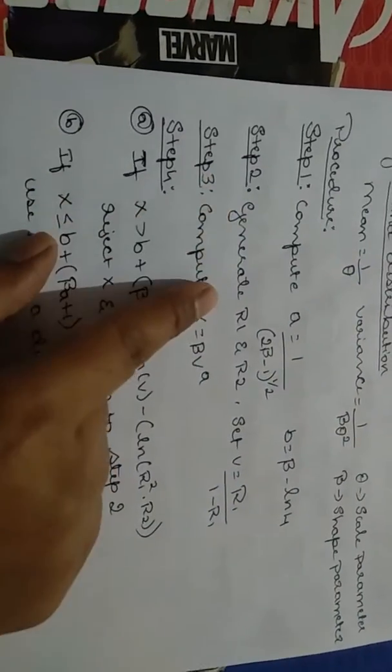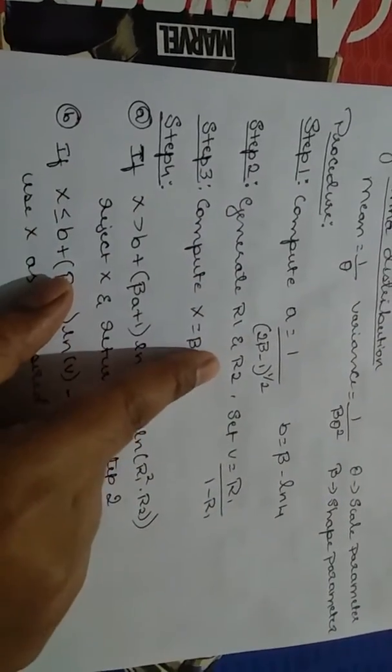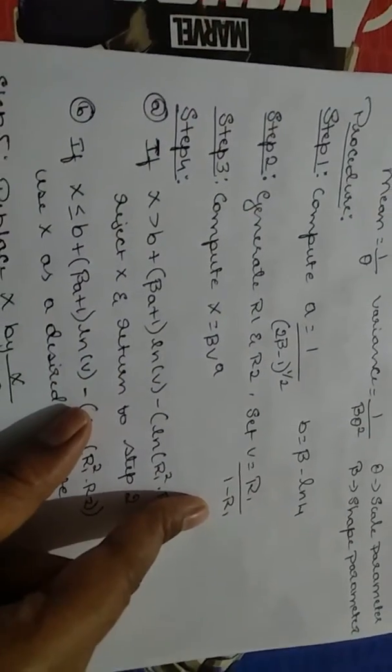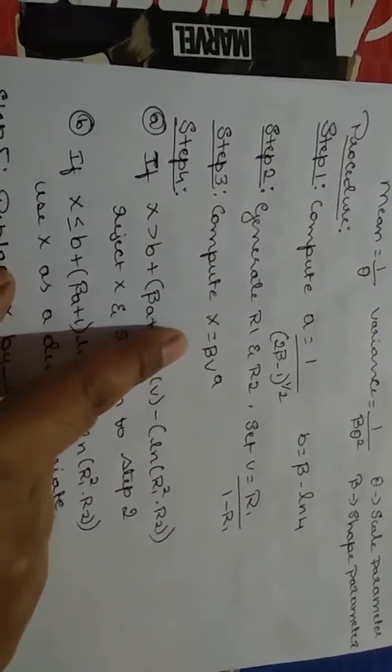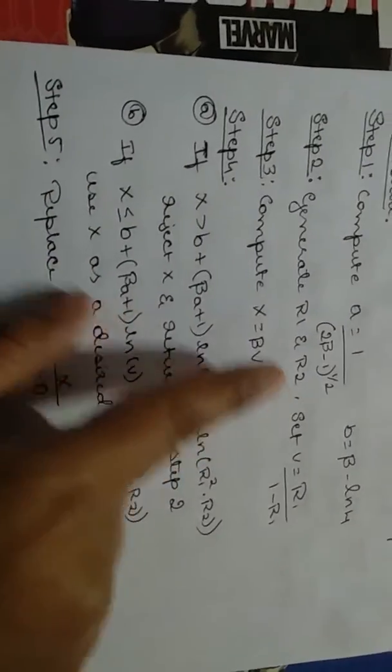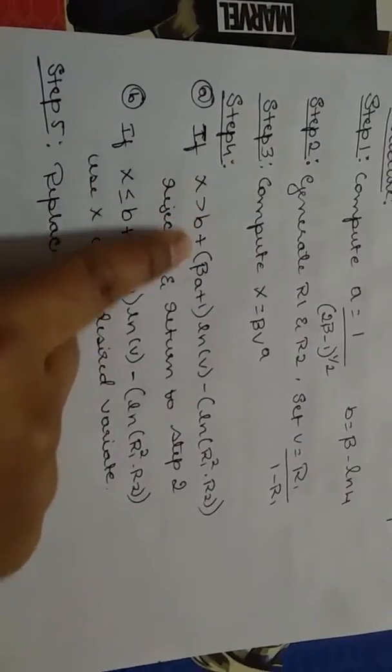Then step 2, generate the random numbers R1 and R2 and set V equal to R1 divided by 1 minus R1. We are finding this V to find the X. Then step 3, compute X equal to beta V power A. Then step 4, as usual, check whether X is greater than this threshold.